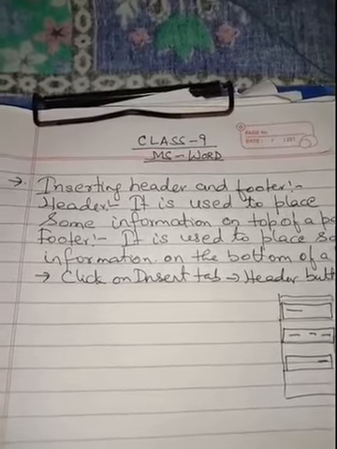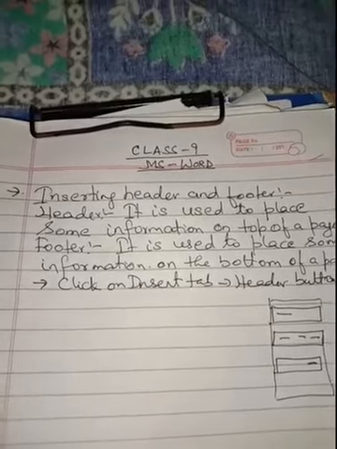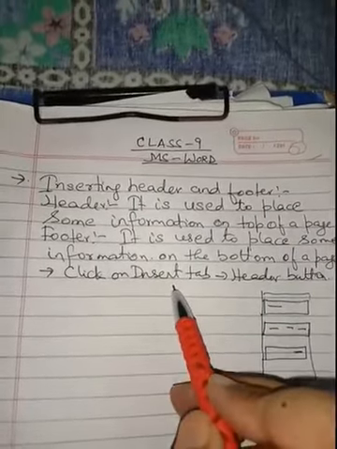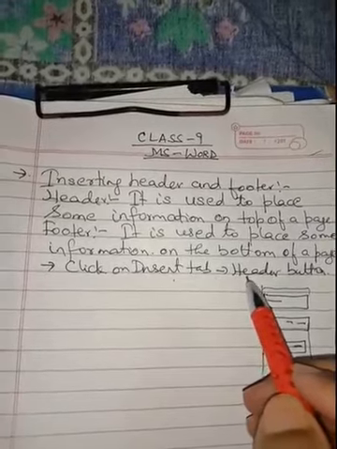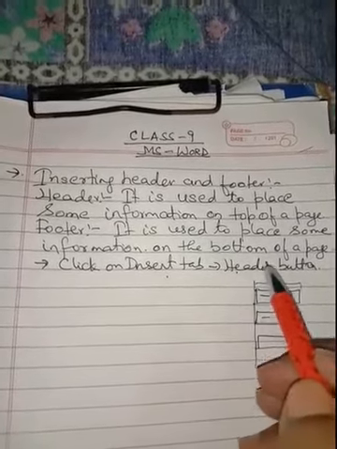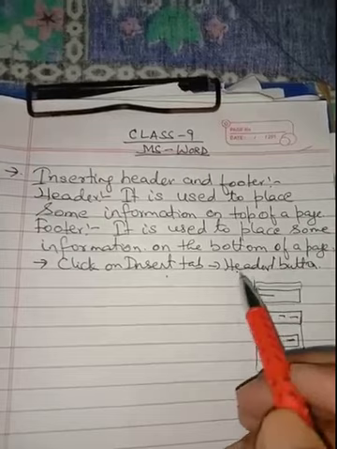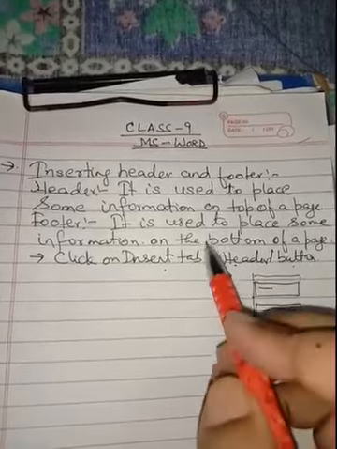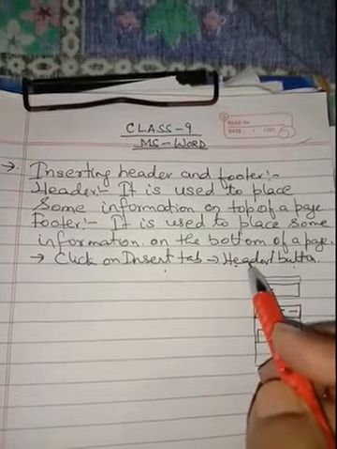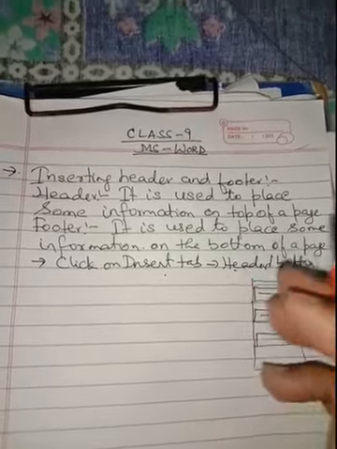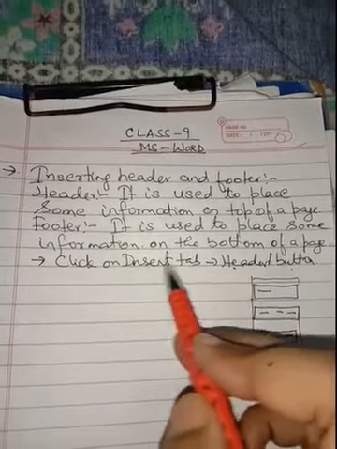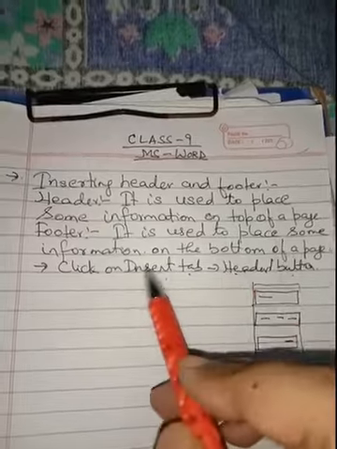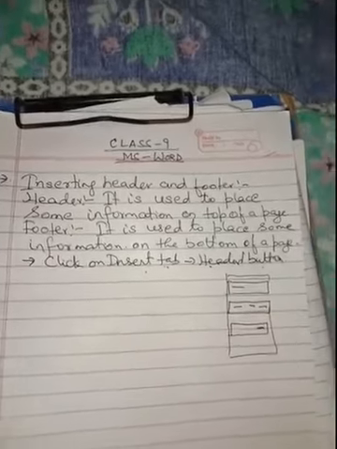First of all we have to click on the insert tab, then in place of header we have to click on the footer button. So if we want to insert the header, click on insert tab, then the header button, and if you want to insert the footer, click on the insert tab and then on the footer button.